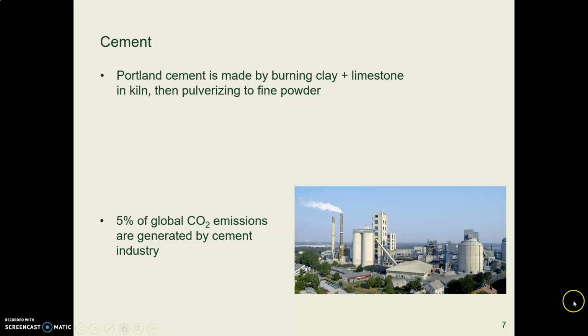In fact, about 5% of the global carbon dioxide emissions that we are dealing with come directly from the cement industry. Some of those come from fossil fuels that are used to heat these furnaces, and some of them are caused by emissions from the burning of the clay and limestone itself. So this is a big problem that architects are working on addressing.